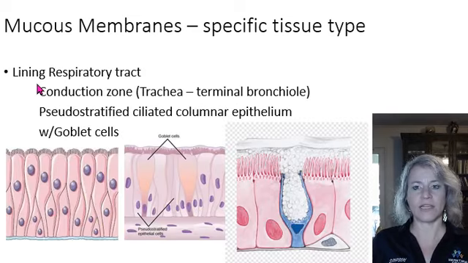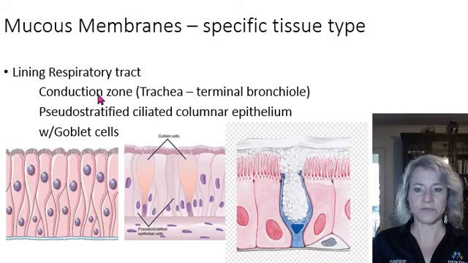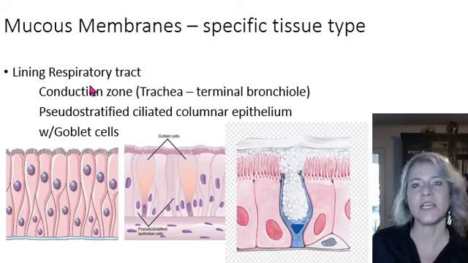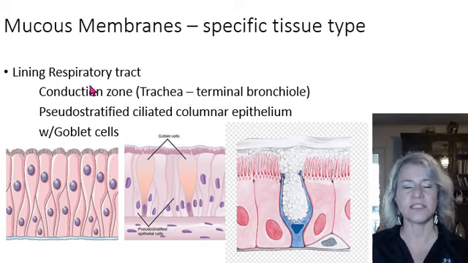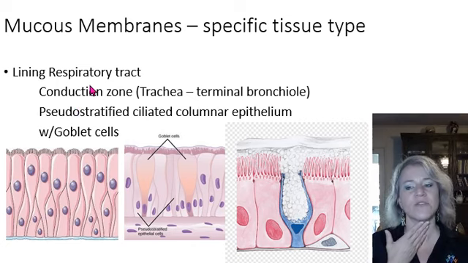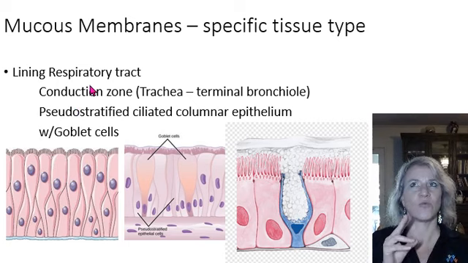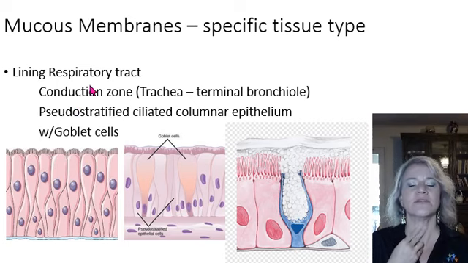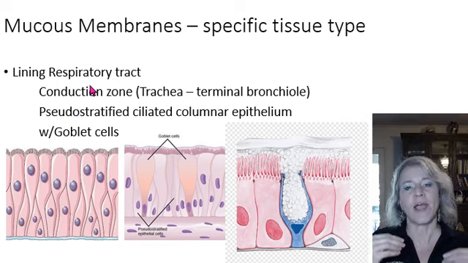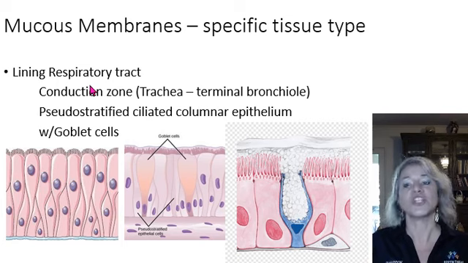Now, if you're lining the respiratory tract, I'm talking about it from the larynx. So it's going to be the larynx, which is your voice box, the trachea, which we commonly refer to as our windpipe, the bronchi, right and left bronchus, primary bronchioles, secondary bronchioles, tertiary bronchioles, terminal bronchioles.